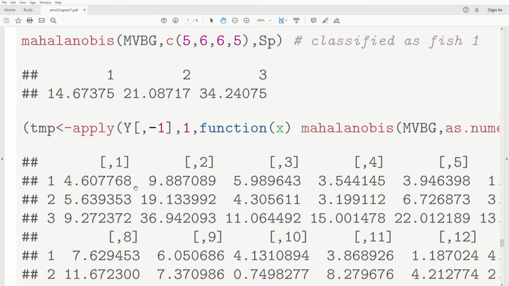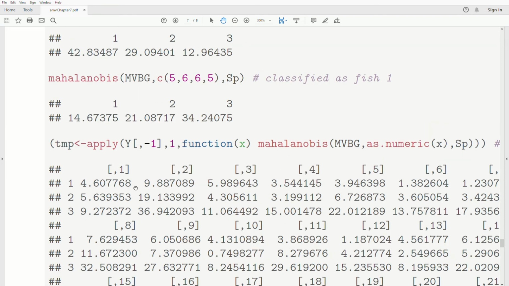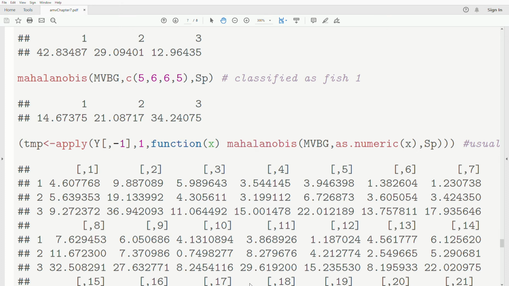Now let's do this for every observation. Let's see if our method would actually classify the data, that we know the correct method of cooking, if it would classify them right. And so these next two steps are the way we do it.